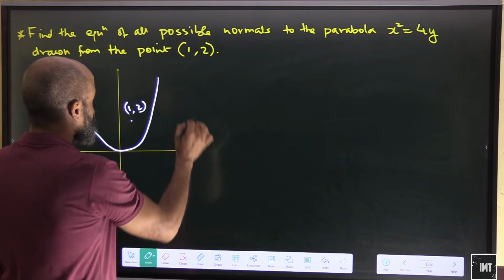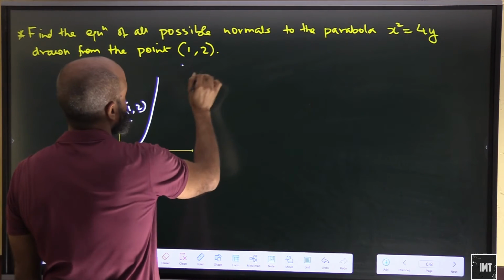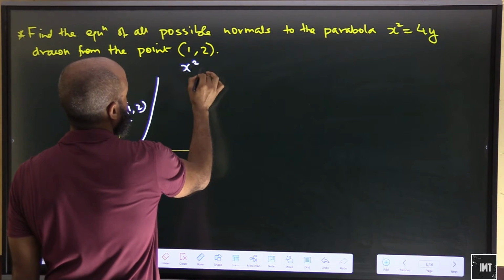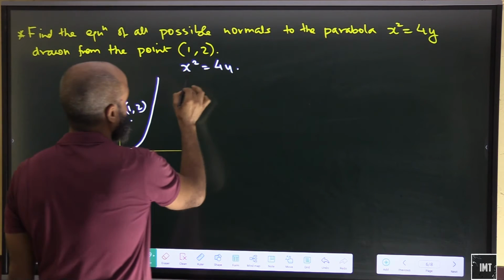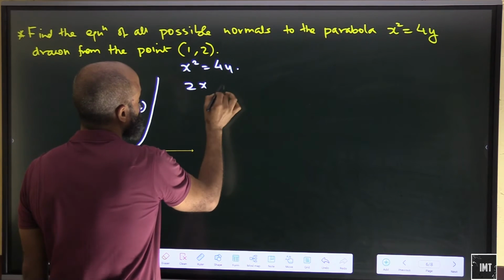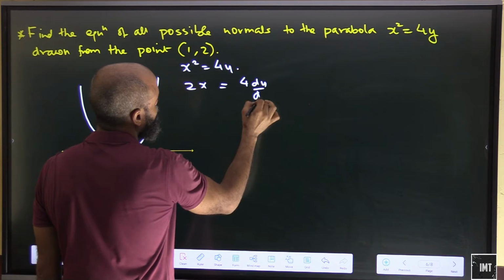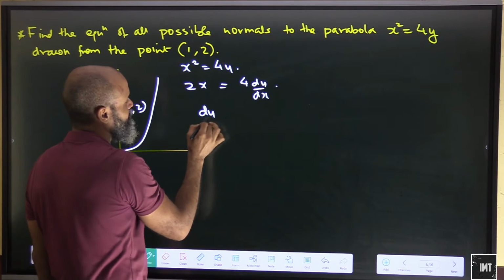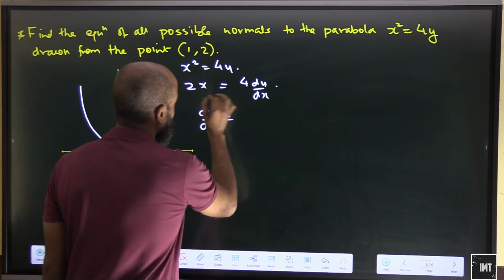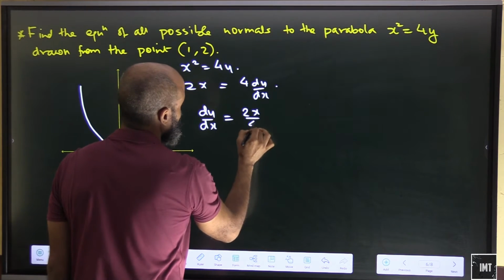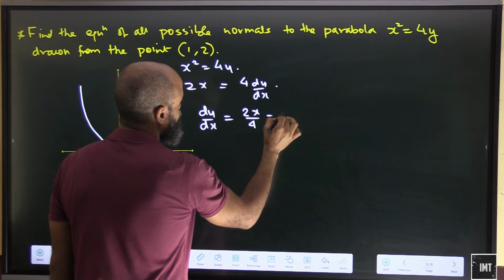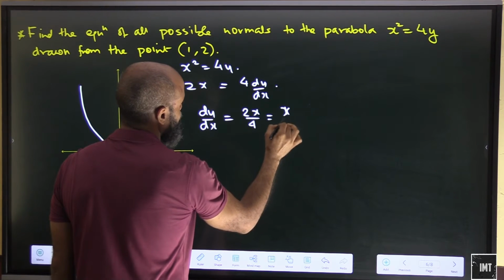Okay, so x square is equal to 4y. If we differentiate this, it will be 2x is equal to 4 dy by dx. So that means dy by dx is equal to 2x by 4, that is x by 2.